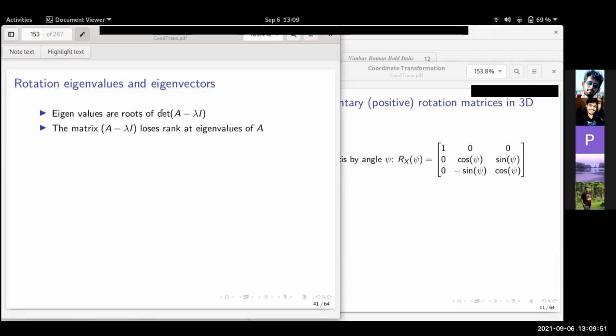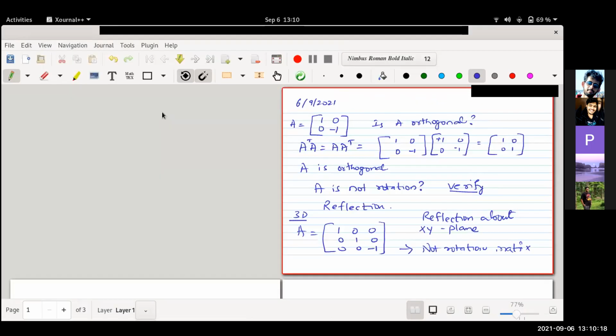If the determinant of the matrix is 0, what does it mean? Is it a full rank matrix or a reduced rank matrix? Determinant and rank, how are they related? Reduced rank. So if you have a reduced rank matrix, then this system of equations has AX equals 0.